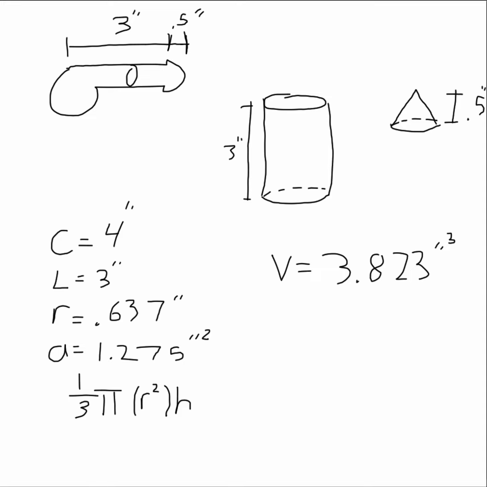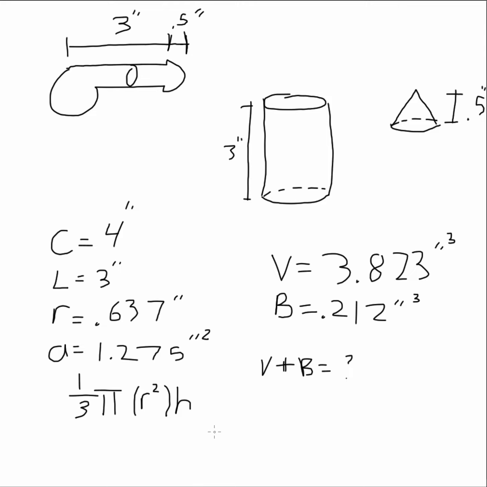With this one, we end up with a volume of 0.212 inches cubed. From here, it's really easy to find the total volume. You just do V plus B equals the total volume.